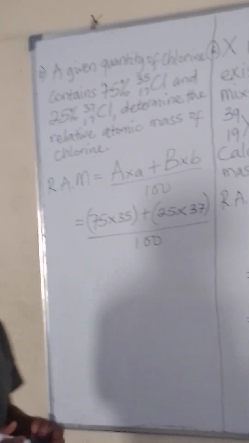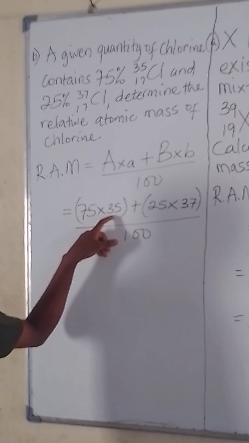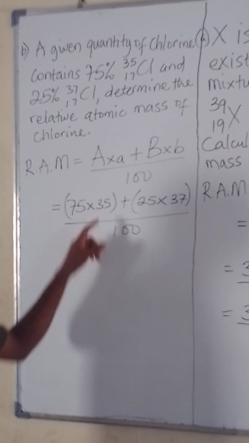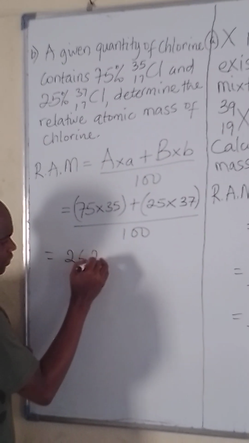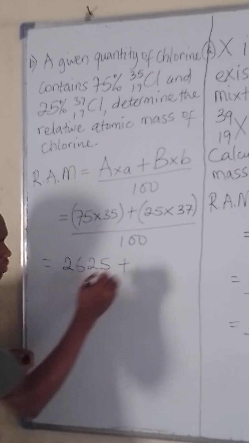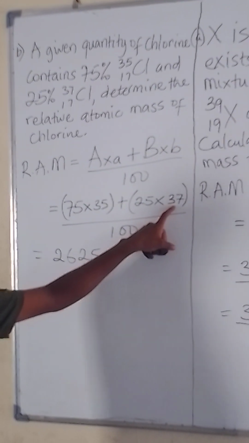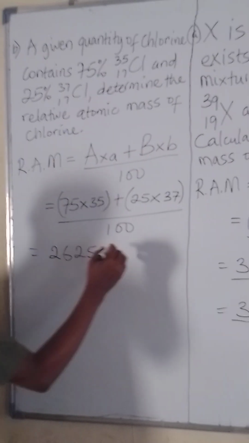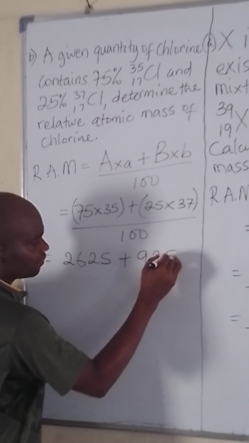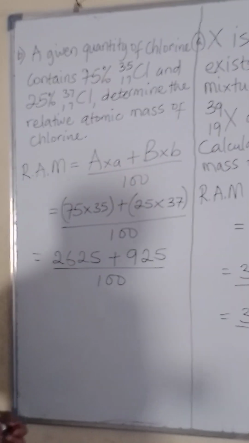Alright, 75 times 35 will give us 2,625 plus 25 times 37 will give us 925. Divide by 100.